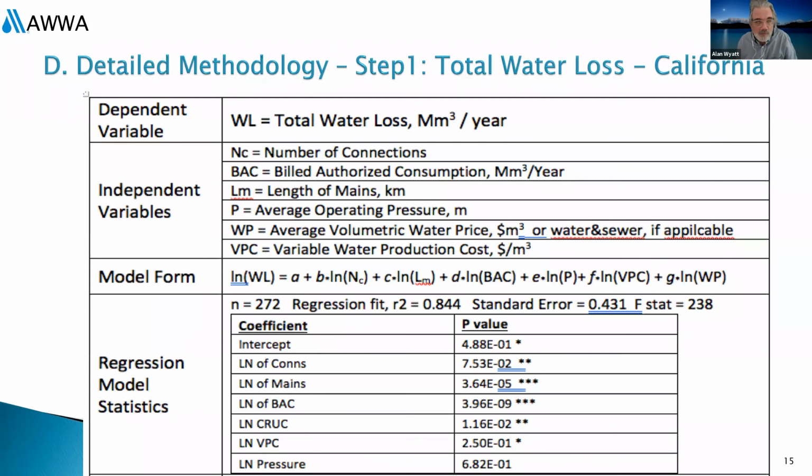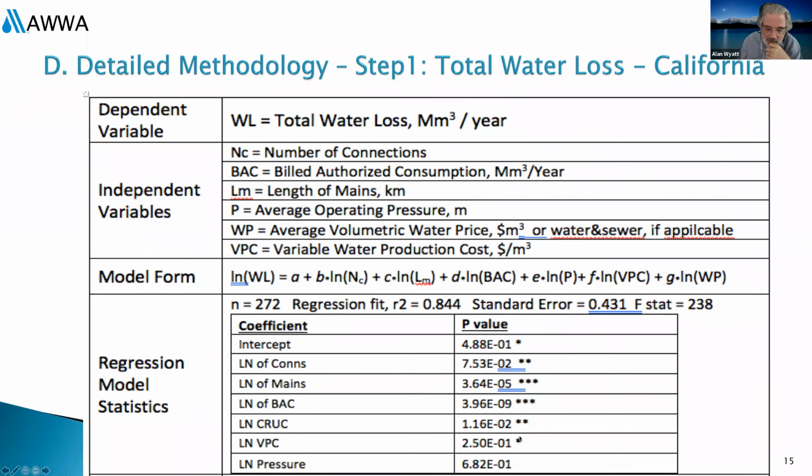And this is one example for California for the total water loss, to estimate it based on the number of connections, the billed authorized consumption, length of mains, average pressure, the water price, which could be either just water or water and sewer, and the variable production cost. And there you have the model function using the logarithms in the Cobb-Douglas form.